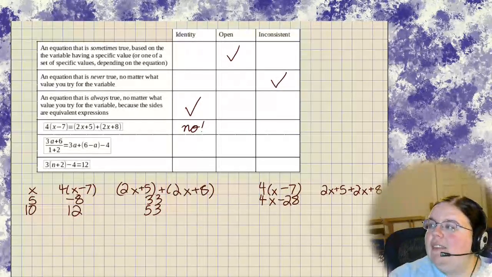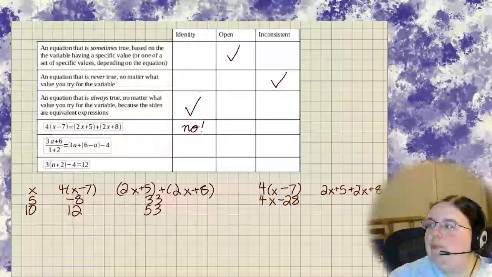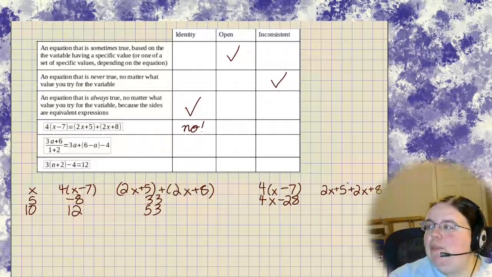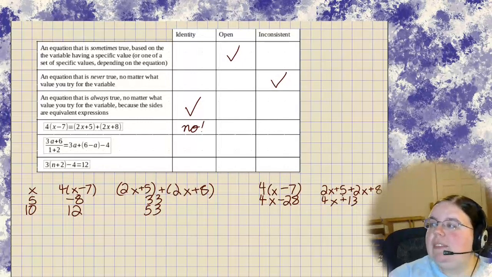And then technically I'd be using the commutative property to move this 2x up close to the other. I'm just going to skip ahead a little bit because I know once I combine those like terms, I'll have 4x plus 13.